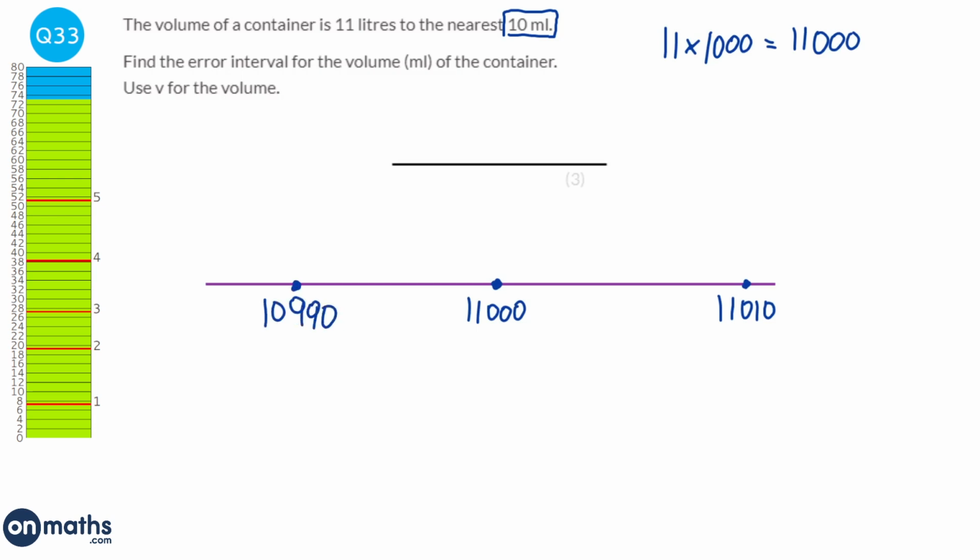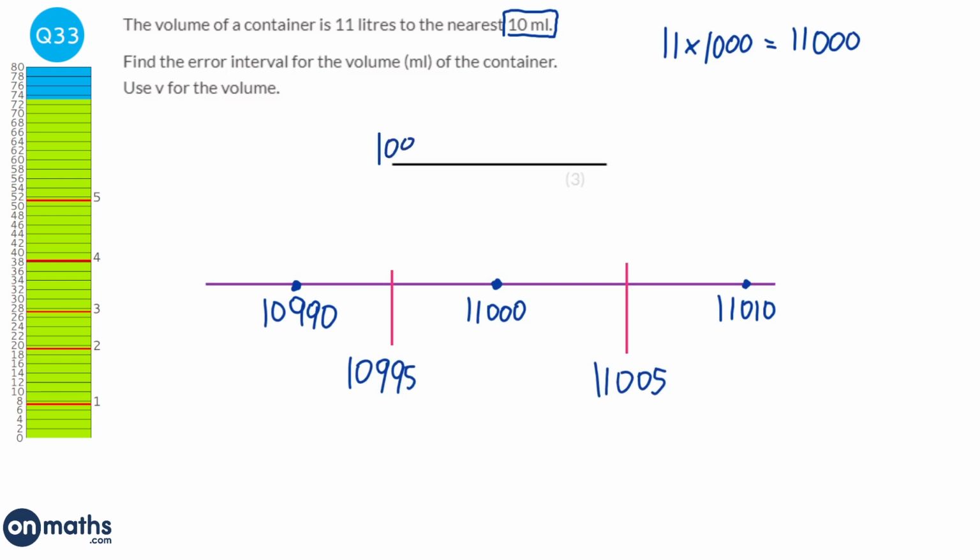Now when we're looking at limits, with the upper and lower part of it, we are looking at halfway points. So halfway here and halfway here. So this halfway point will be 10,995, and the next one will be 11,005, and that's the halfway points.